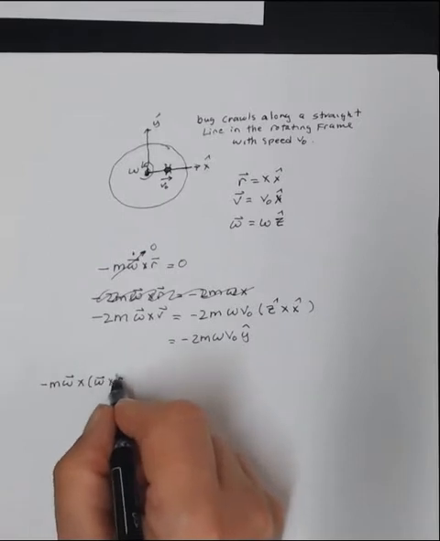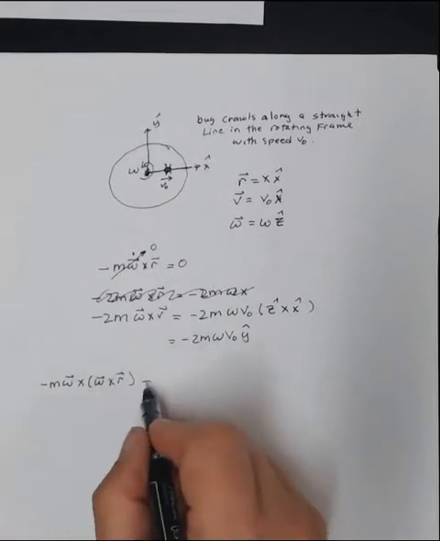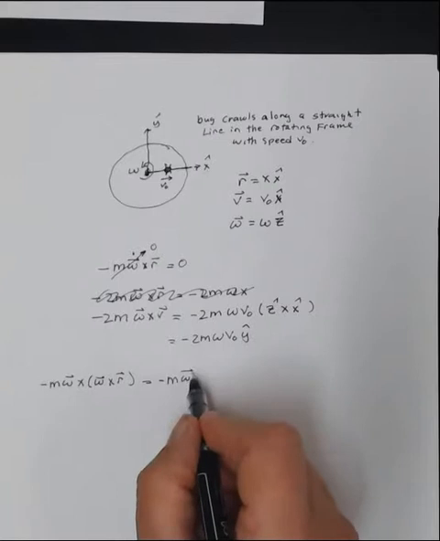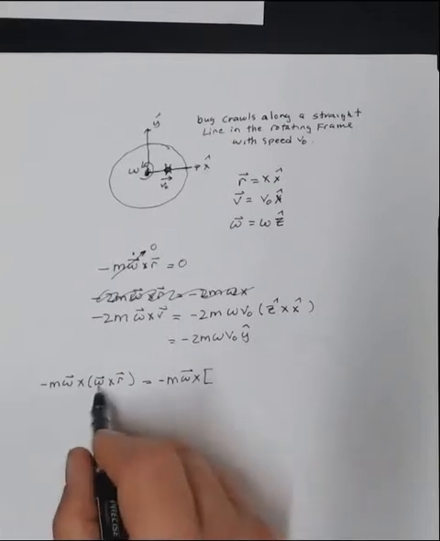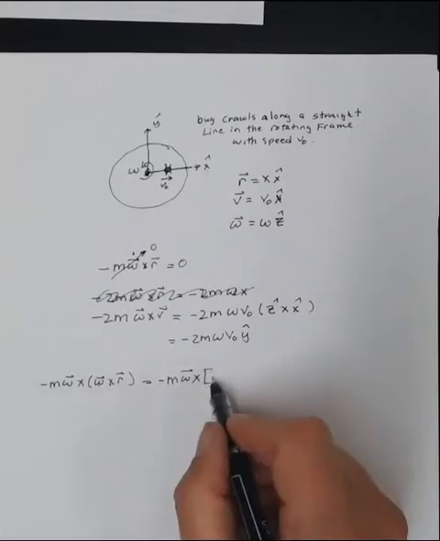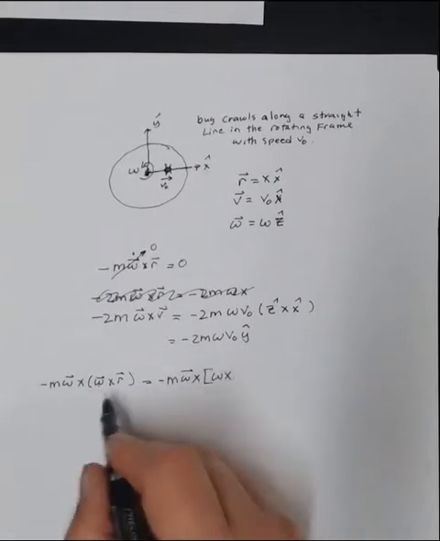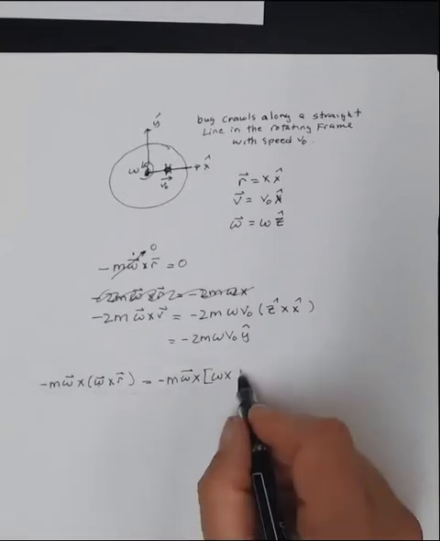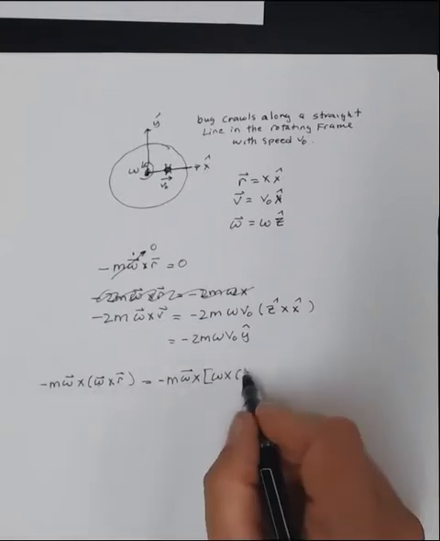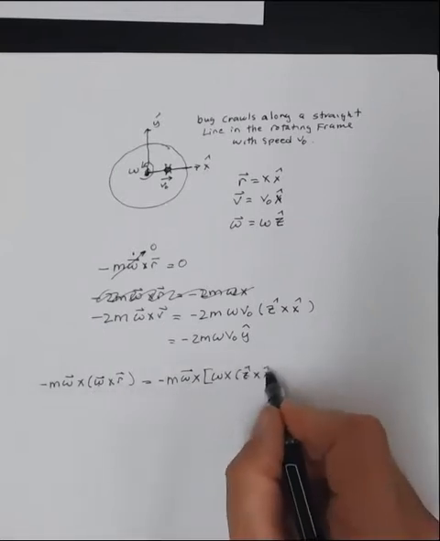Then we have the centrifugal force, negative m omega cross (omega cross r). Now we have r, so that's equal to negative m omega crossed with omega x, which is z hat crossed into x hat, which again is y.